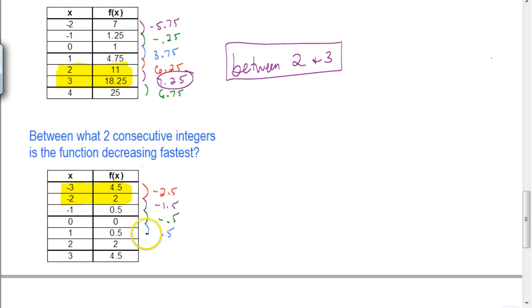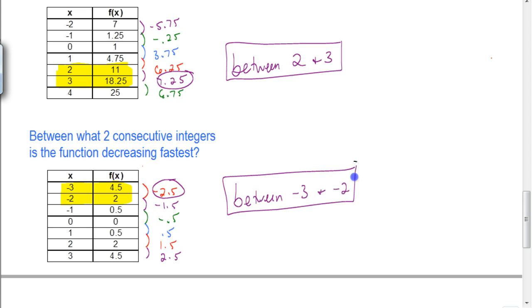And then the next set would be +1.5. And then here we'd end up getting +2.5. So again, since we're looking for where it is decreasing the fastest, we're looking for the largest negative number. So between -3 and -2 would be your answer.